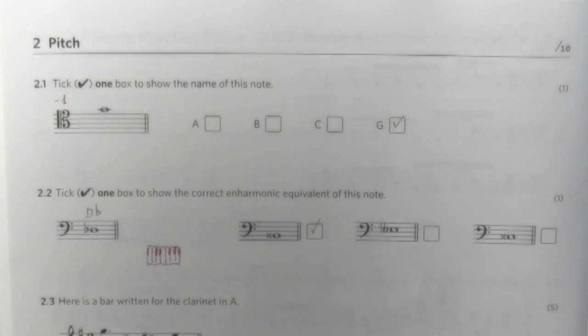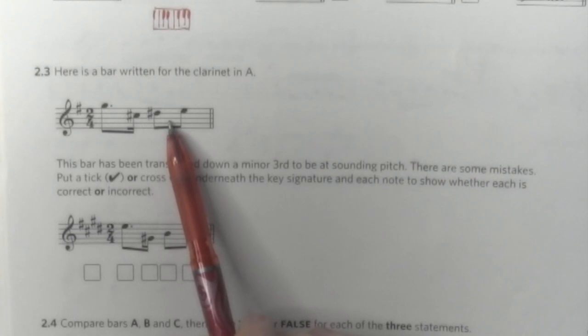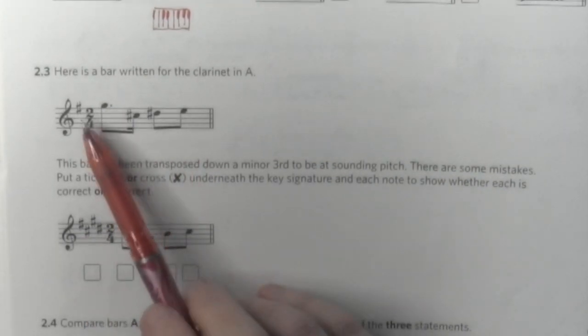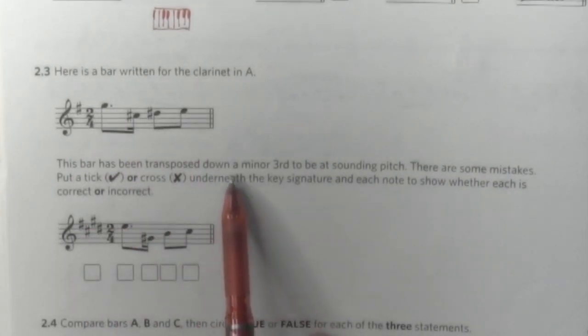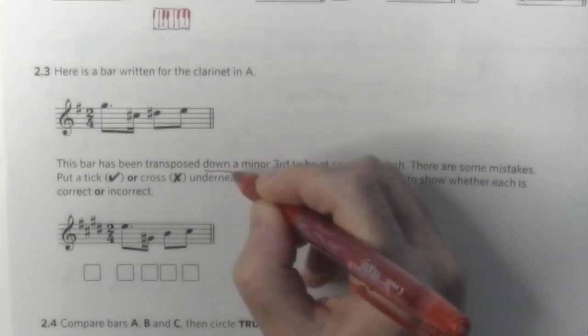Sorted? Question 3. Transposition. We need to tick or cross each box to show whether this bar has been correctly transposed, including the key signature, down a minor third.